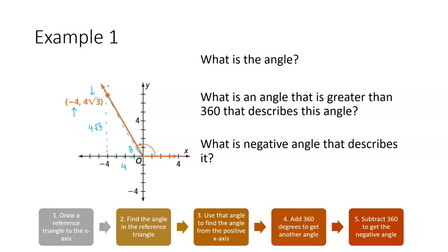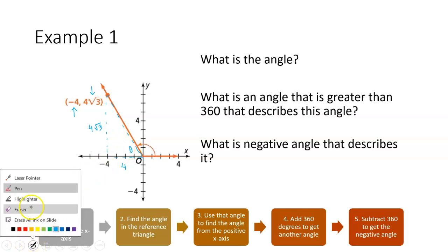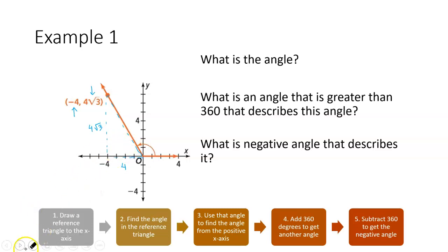And those numbers look really familiar, because this is a special right triangle from yesterday's lesson. This is the special right triangle that you make with a 60-degree angle down here and a 30-degree angle up here. But the one you're interested in is the 60-degree angle because that's the one at the origin.